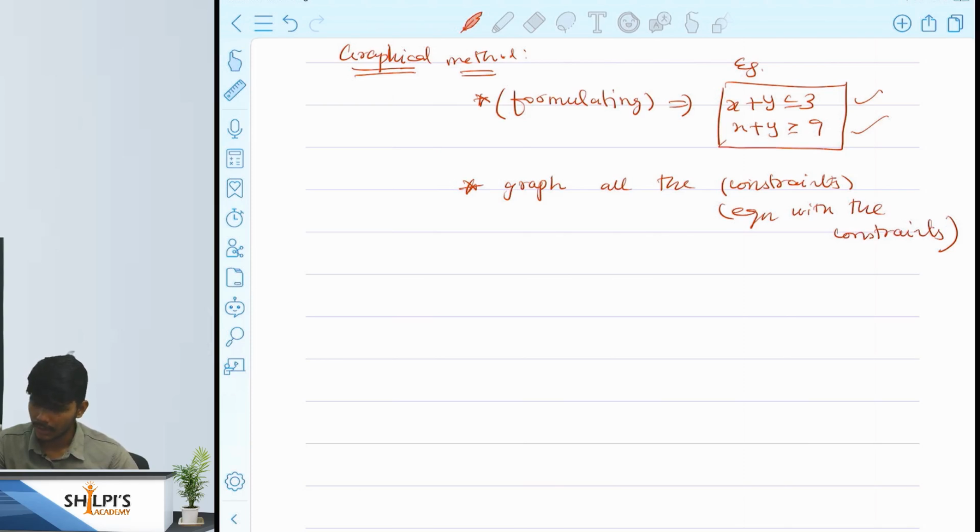But here also, if you want to solve this problem, you can have other constraints that can be hidden. For this problem, you will have x greater than or equal to 0 and y greater than or equal to 0 as default.